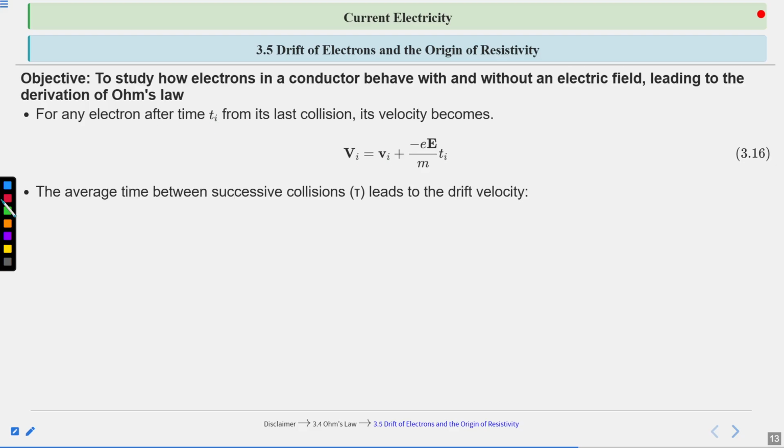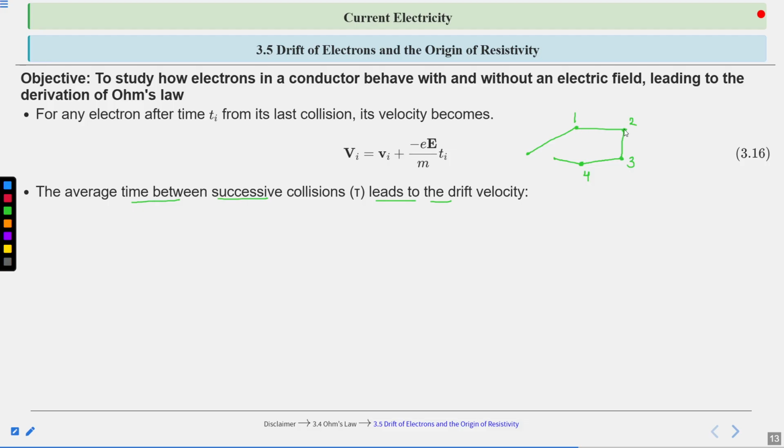Got it? Now, the average time between successive collisions leads to the drift velocity. Now we are not taking specific times, we are taking the average time between successive collisions. If this is an electron and one collision is happening here, a second collision there, a third collision there, and a fourth collision after it reaches here, you can see this is the path covered between these two collisions, first and 2.